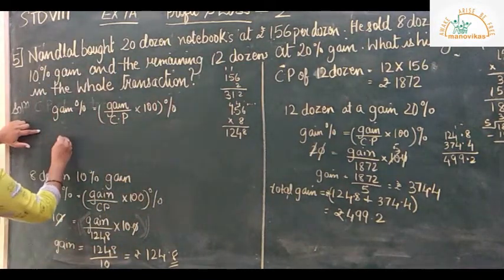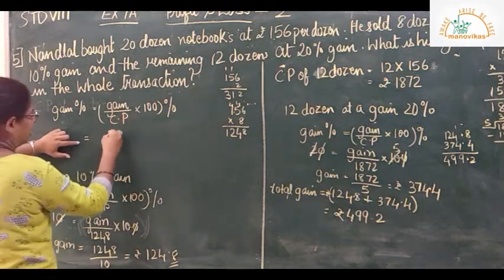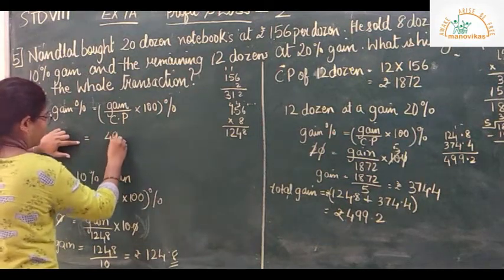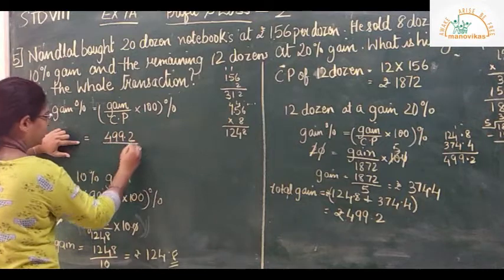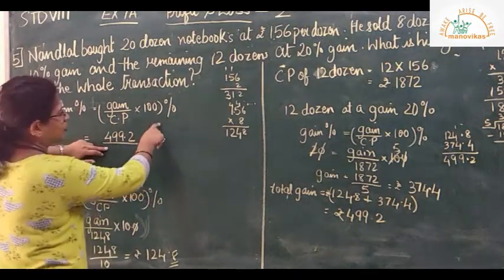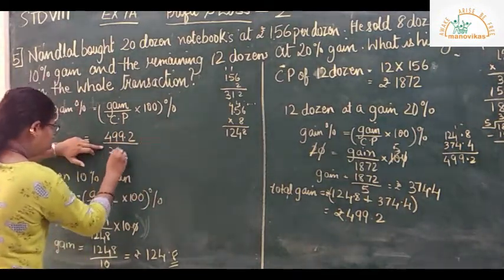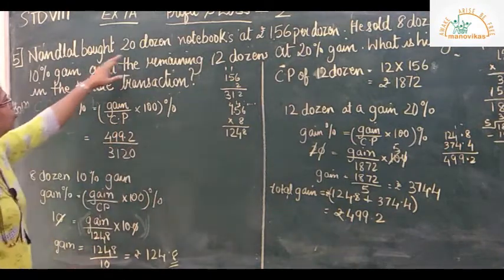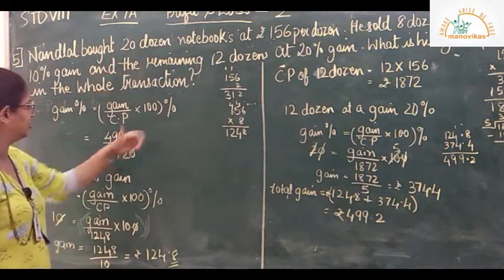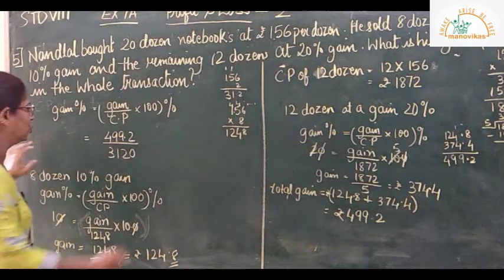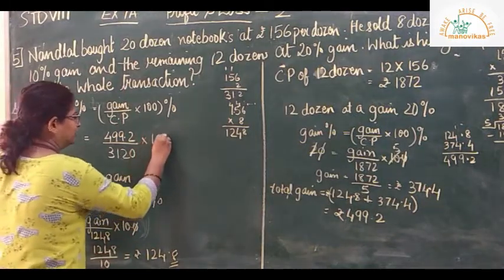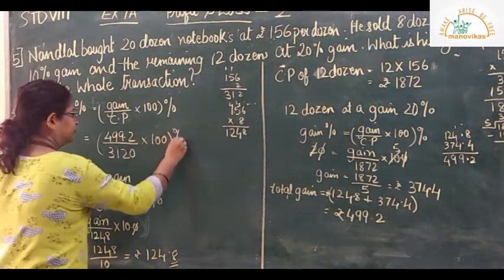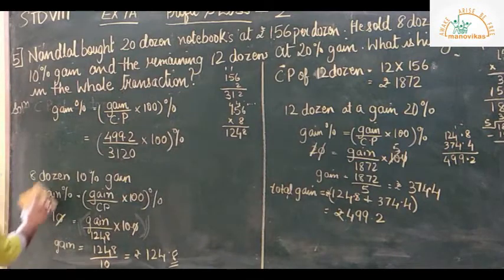So now my gain percent I am going to find out. Gain is 499.2 divided by the total cost price of the books, which is 3120. But we have found this out for 20 dozen, which I had written here. So 3120 into 100%.